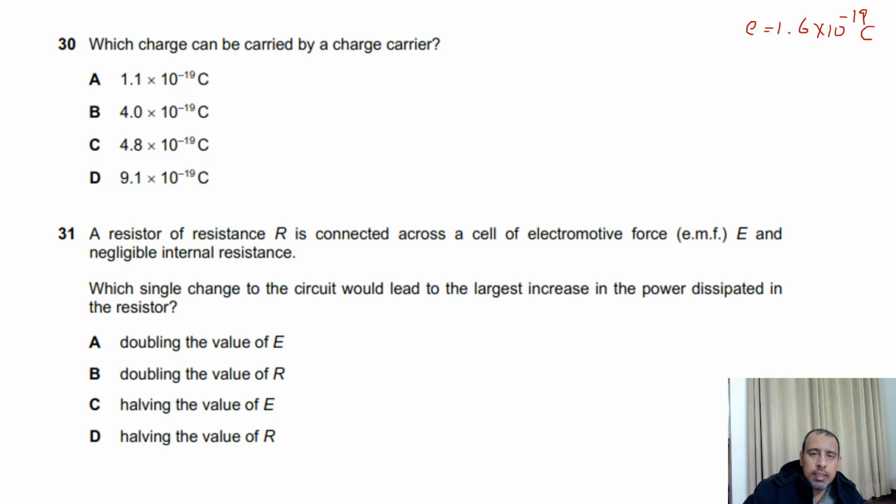Whole numbers, it should not be 2.5e. That's why if we divide these charges by the basic charge, you can get the answer. It's a very simple one, because it's 1.6 and it's 4.8. You can divide 4.8 into 10 to the power minus 19 by 1.6 into 10 to the power minus 19.